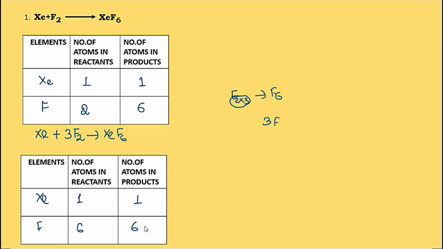So here we see that the number of atoms in reactants is equal to the number of atoms in products, and thus the equation is completely balanced. So this is Xe plus 3F2 gives XeF6. So that is the balanced chemical equation.